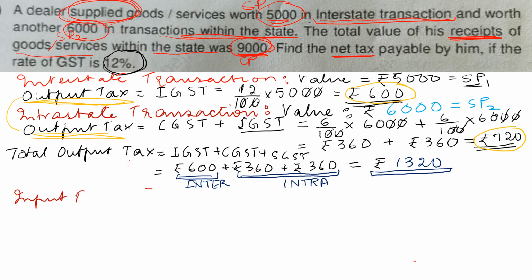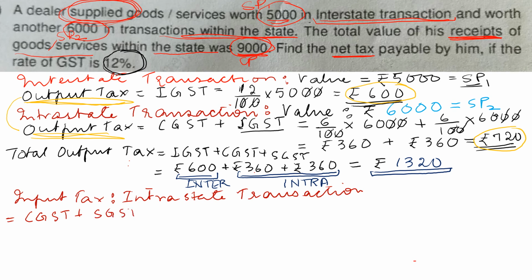We have to now look at the input tax. For input tax, remember it is again intra-state transaction. And so input tax is going to be CGST plus SGST. The rate is the same, but the value is rupees 9,000.